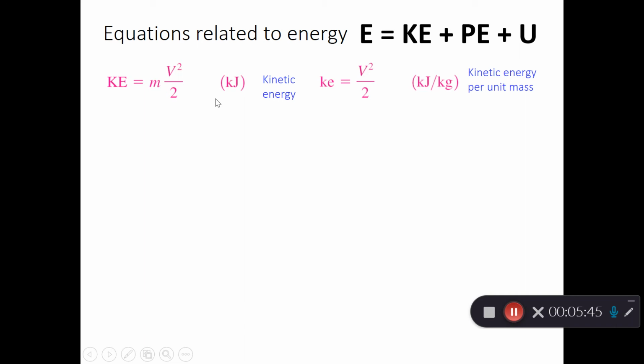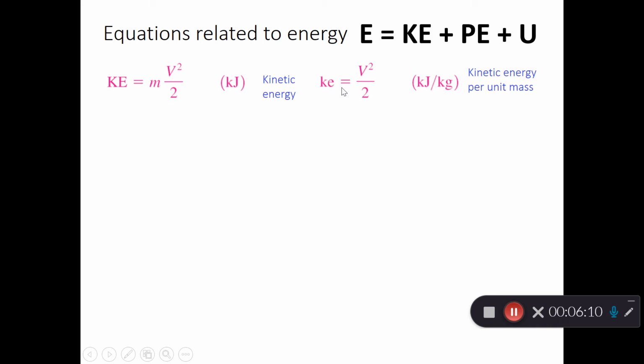And if you divide this equation by mass, okay, if you divide any property by mass, you remember, you get it in per unit mass form. So this will be kilojoule per kg. See that the m is gone, and the symbol for KE will be small ke. Okay, small k, small e, small letters.